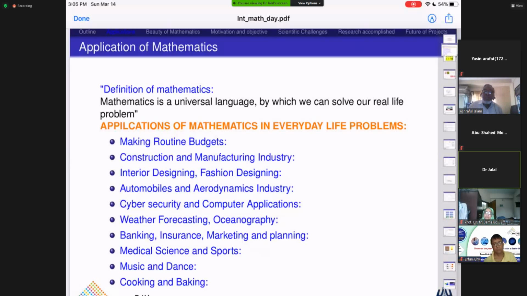If someone has mathematics, they have full demand. Similarly, in cybersecurity, computer applications, even in weather forecasting and oceanography. Not only that, in the business faculty: banking, insurance, marketing, and planning.